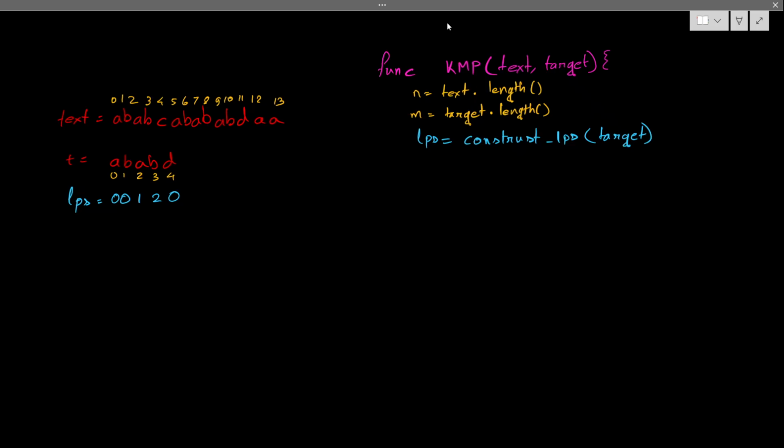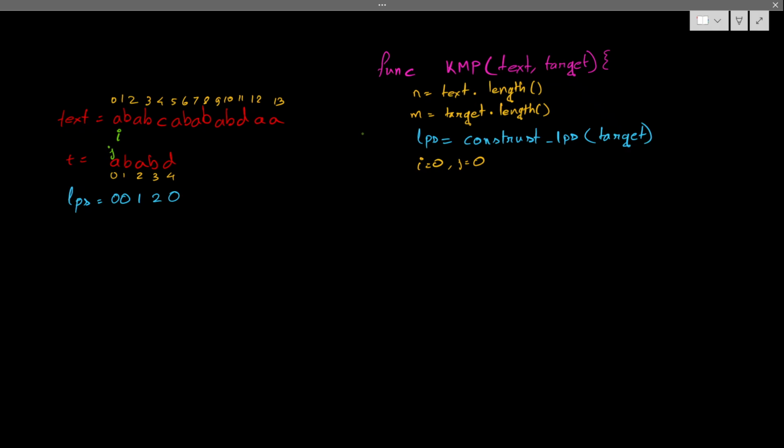Okay. So right now I have to iterate again. I will start with i equals 0, and also I need j. j is pointing to 0. So this is my i and this is my j.